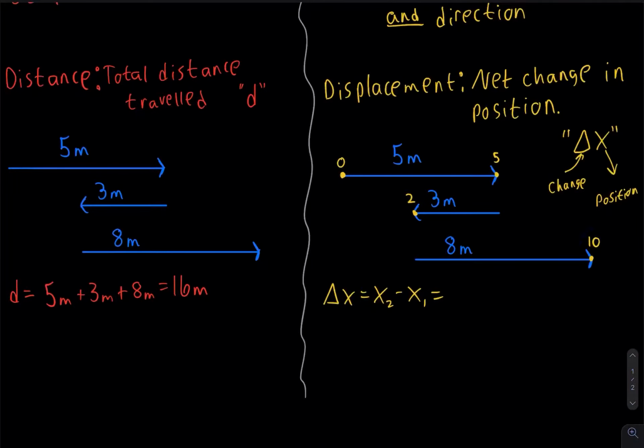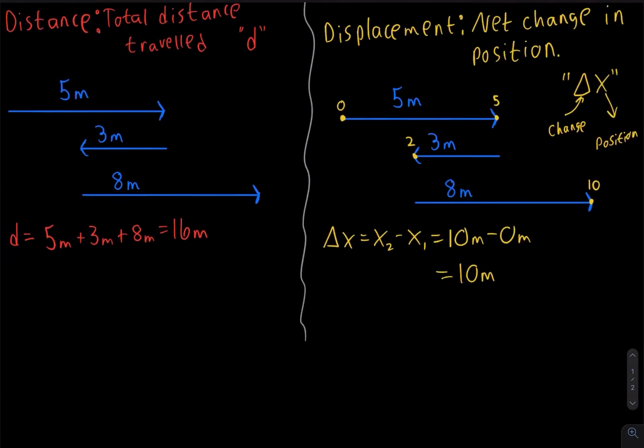I ended at 10 meters. And my first position was right here, so that's just 0. So I'll just say minus 0 meters. That gives me 10 meters. So my displacement here was 10 meters.